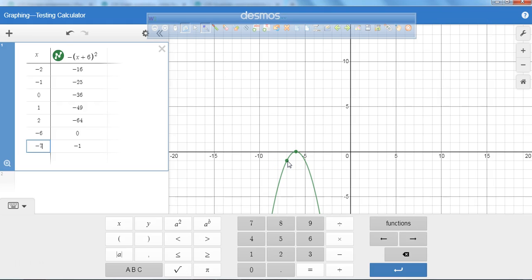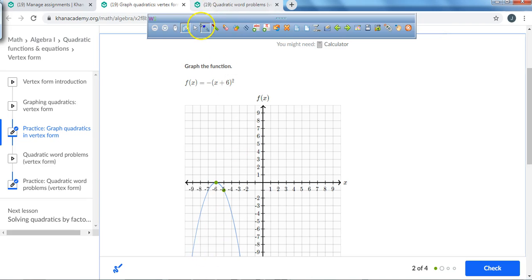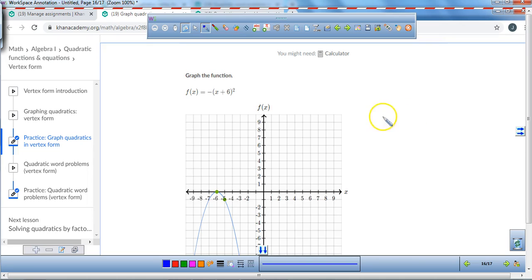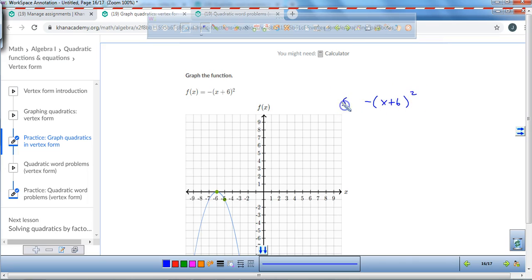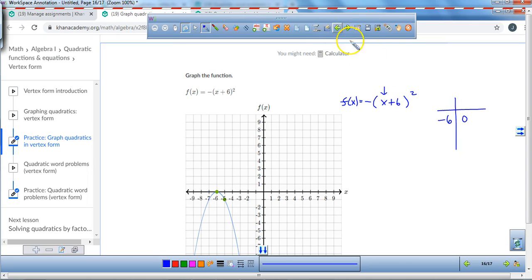So all I did in the graph to find my ordered pair, I knew my vertex was at negative 6, 0, because the number I'd have to plug in there to make that equal to 0 is negative 6, and I knew my k value was 0.